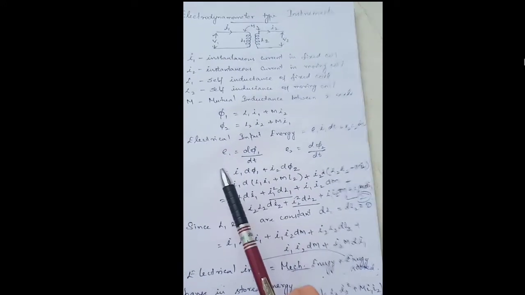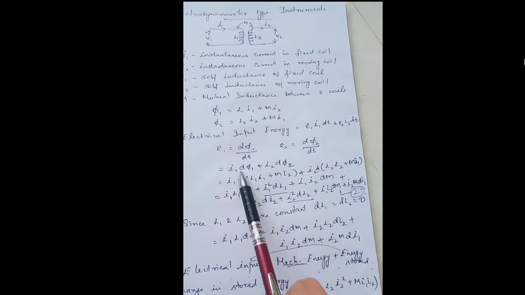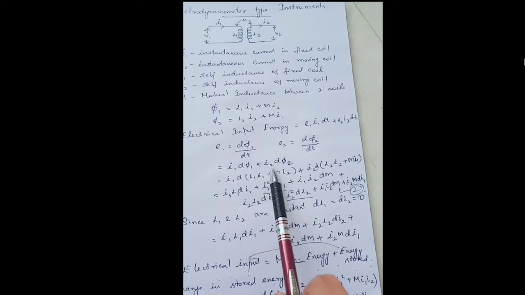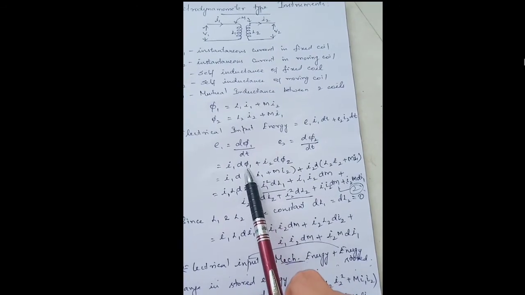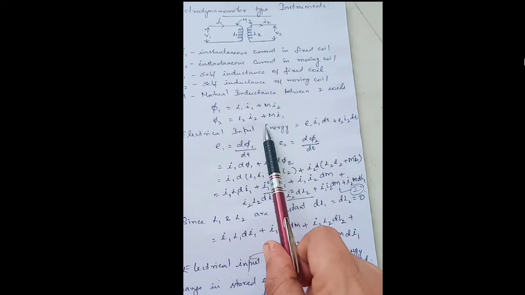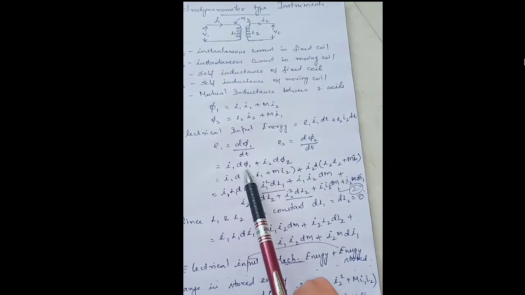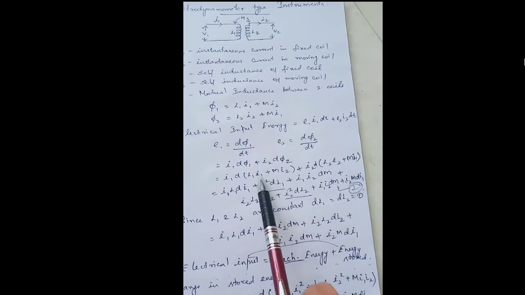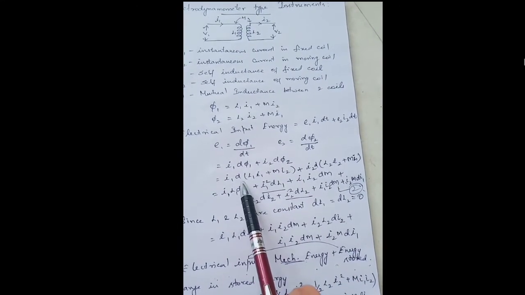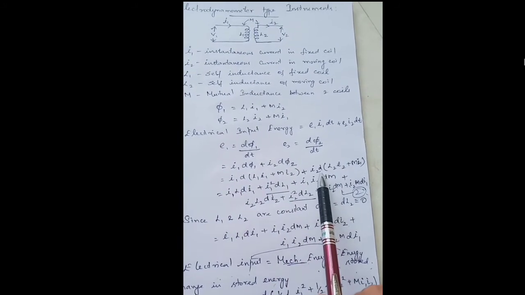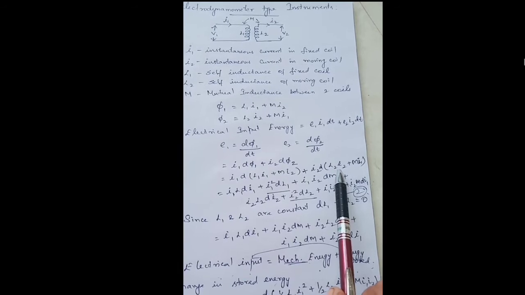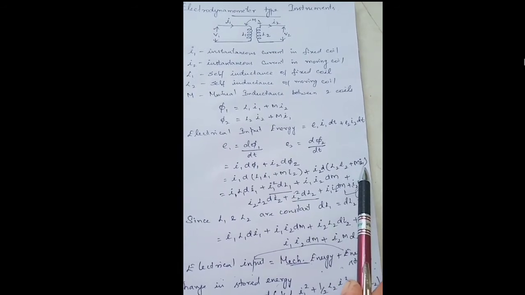So in our equation the electrical input energy will be equal to I1 d phi 1 plus I2 d phi 2. Already we have derived the equation for phi 1 and phi 2, so I am going to replace the values of phi 1 and phi 2 here. So I1 differentiation of L1 I1 plus M into I2, plus I2 differentiation of L2 I2 plus M into I1.